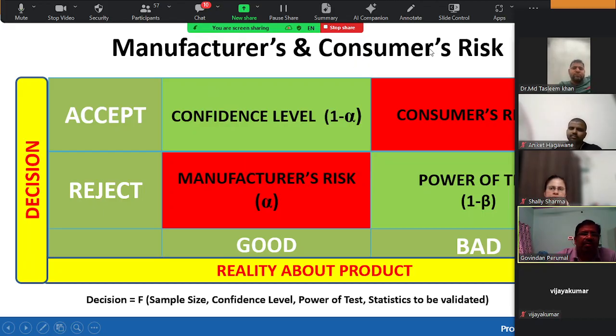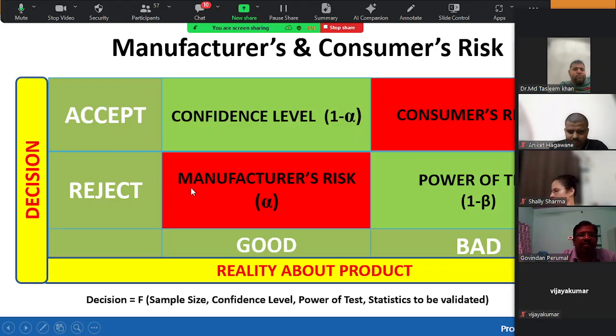So, this situation where the product is actually good, but we have rejected it, is called manufacturer's risk or alpha. Whose loss is this? The product is actually good, but our sampling methods have rejected it.